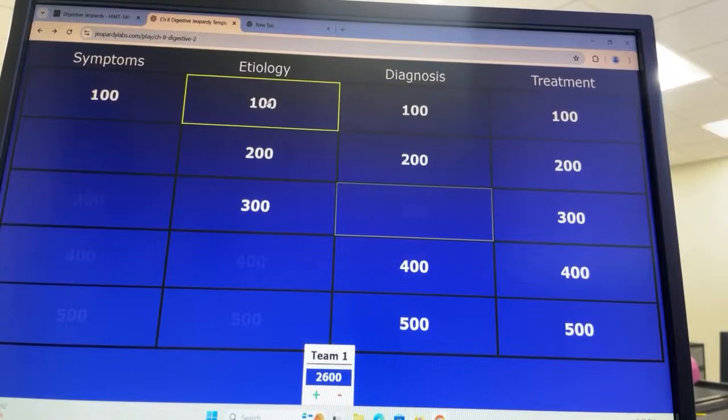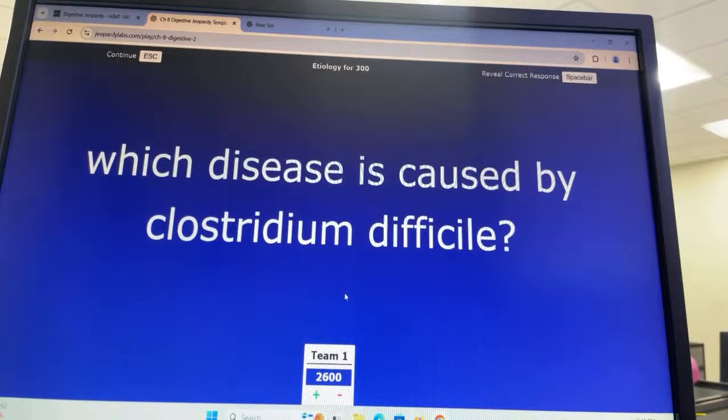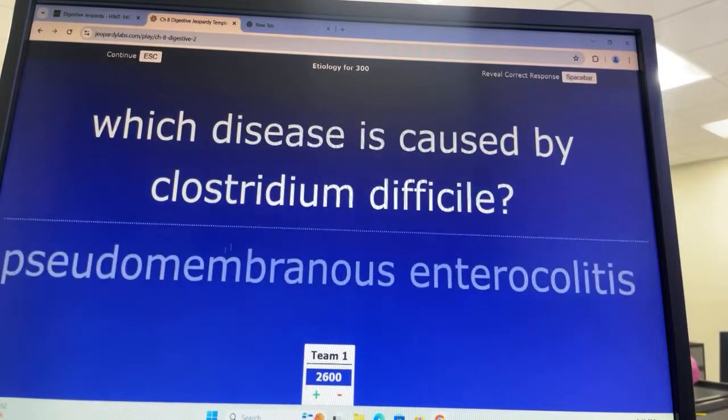Which disease is caused by Clostridium difficile? That's a long one. It starts with P. Pseudomembranous. We call it C. diff, but what's the long name of it? Pseudomembranous enterocolitis. That's what it is.